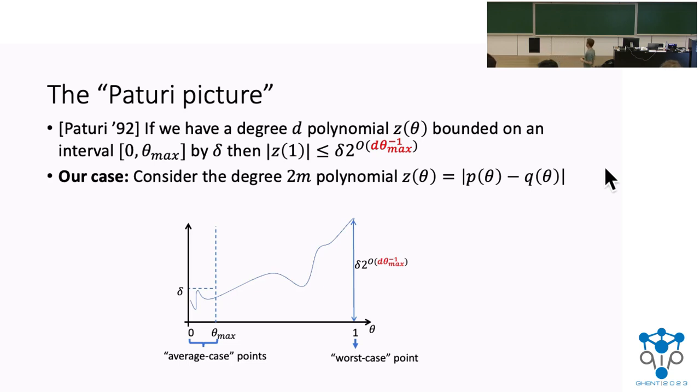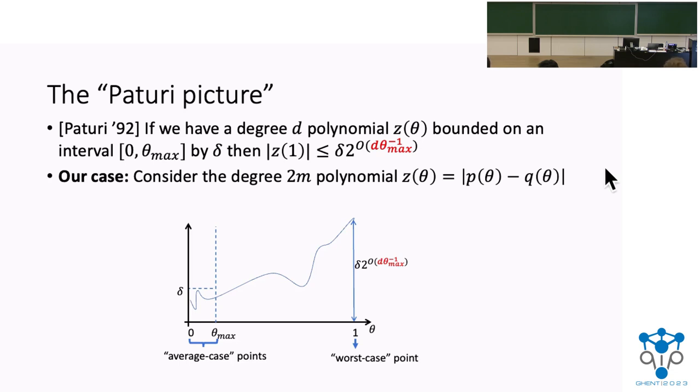And then what we're interested in is how large this polynomial can be at theta equal 1. What Paturi says is that the answer is delta, the height of the little box, times 2 to the d times theta max inverse. So if our goal is to make z of 1 smaller, because z of 1 is the error of our worst case circuit, there are two parameters we should be trying to manipulate.